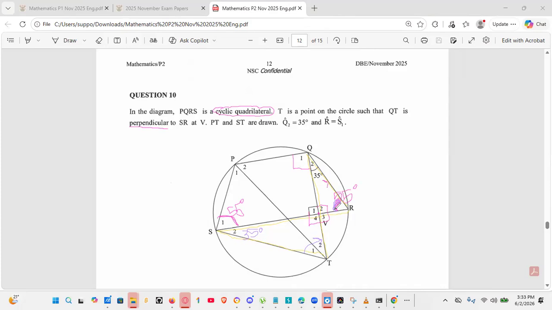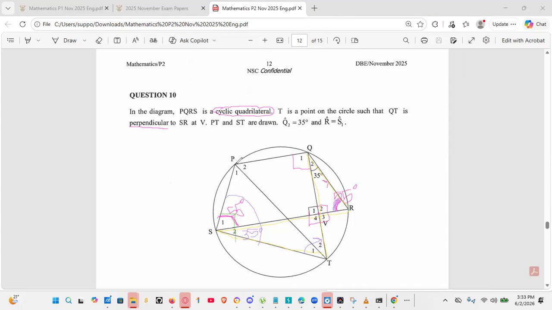That's all we can find so far. Those two angles won't help us much. So 35 plus 55 gives us 90, so we can actually mark that as 90. So this is also 90.